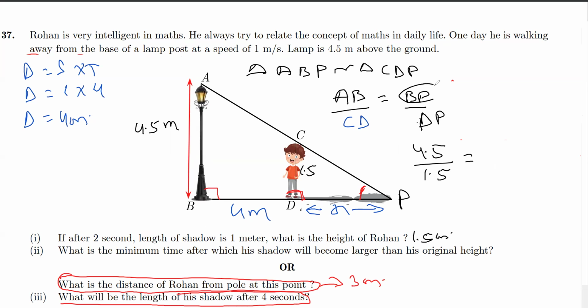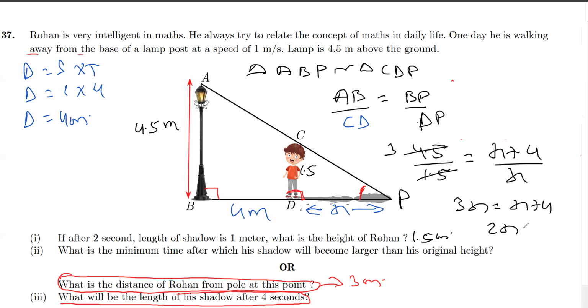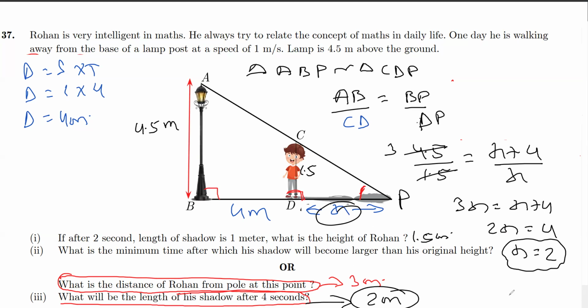So BP is x plus 4 over DP, that is x. We can reduce this by 3 times, so it comes out to be 3 into x is equal to x plus 4. So 3x minus x is 2x is equal to 4. That is x is equal to 4 by 2, that is 2. So we say that the shadow will be 2 meters after 4 seconds.